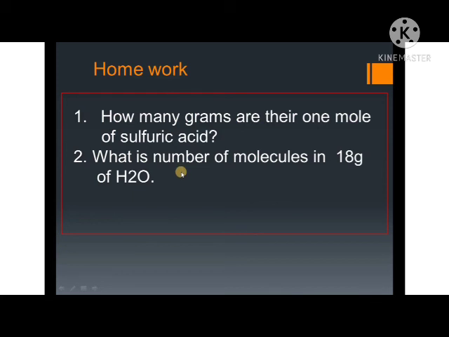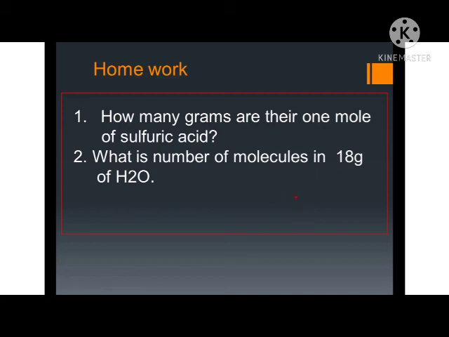Similarly, if you have the atomic or molecular mass of oxygen in AMU, then count these, and it will be in AMU. If we replace this by gram, it will be equal to a mole, and you can find out how many atoms or molecules are there in that mole.